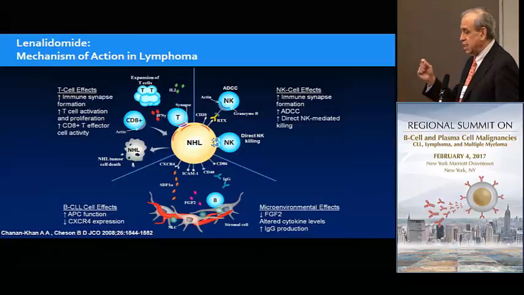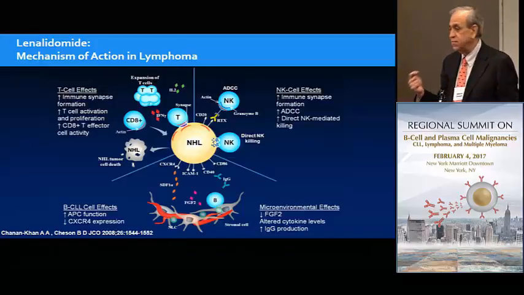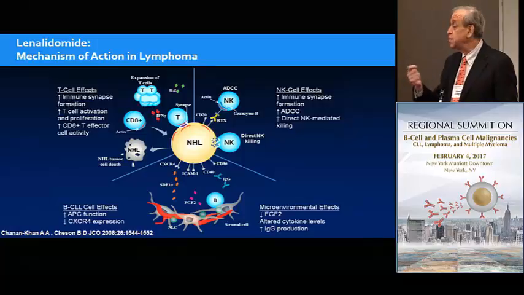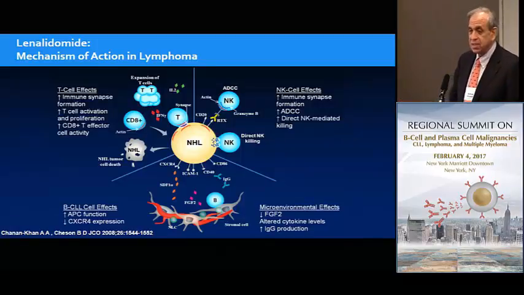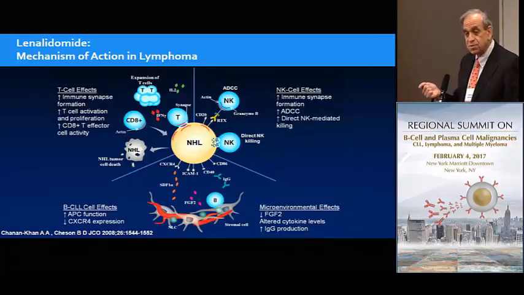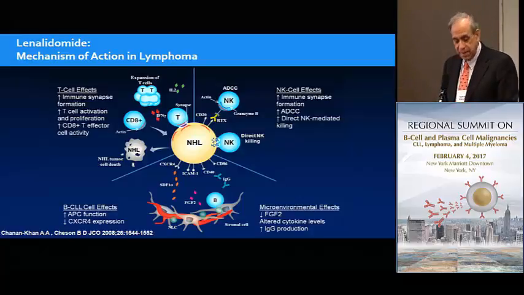Cereblon is a critical component of the E3 ubiquitin ligase, and it changes the substrate specificity and the metabolism of certain proteins. IMiDs, particularly lenalidomide, are particularly important for the rapid breakdown of Ikaros and Aiolos, two zinc finger transcription factors that are really critical in lymphoid biology.